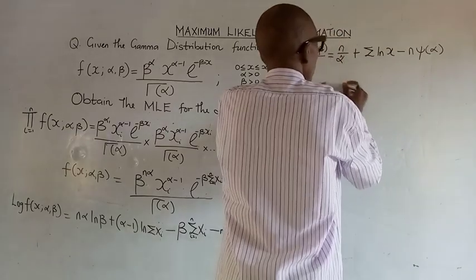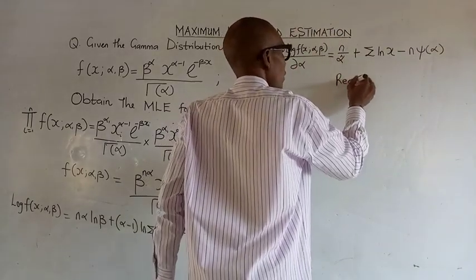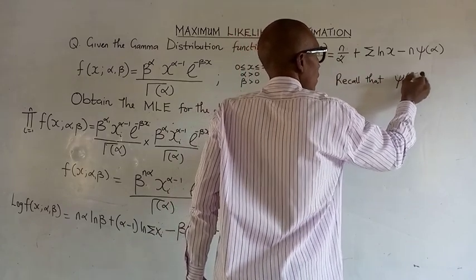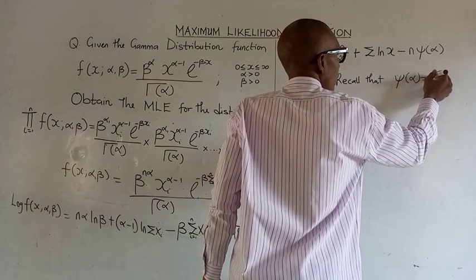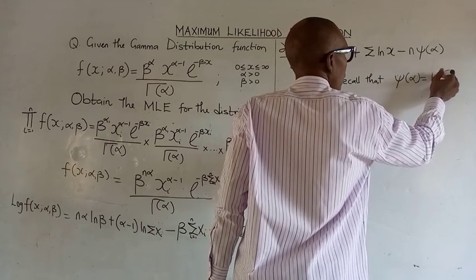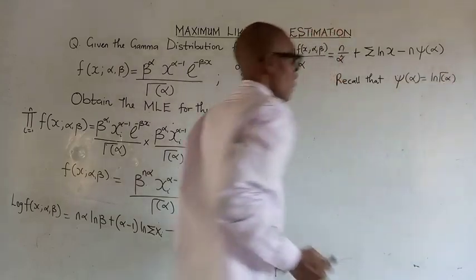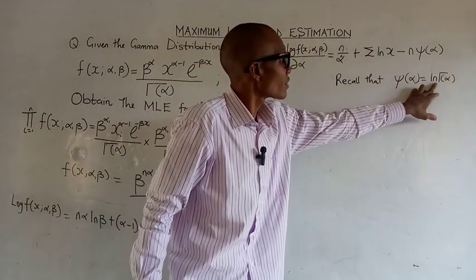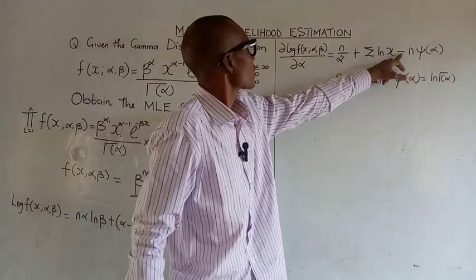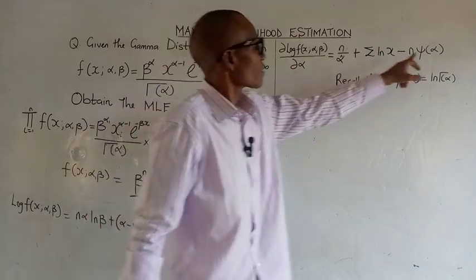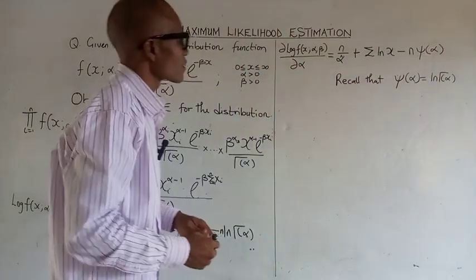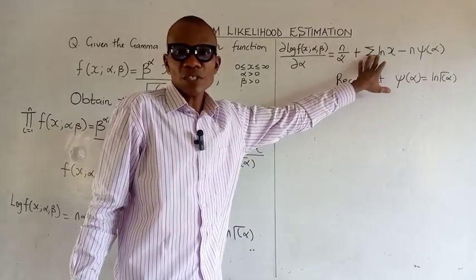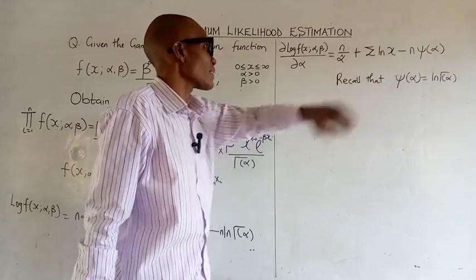So this function is called digamma, because we can recall that it is equal to this. That is why when we took the differential, we write this as it is. We cannot equate this to 0 because it has no closed form answer.